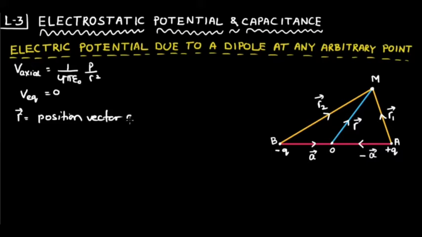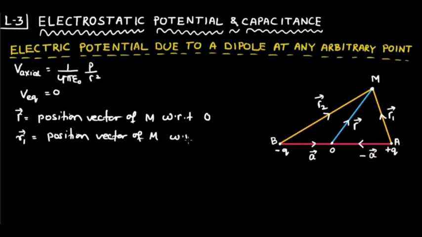Similarly, R1 vector is the position vector of M with respect to the positive charge plus q, or with respect to the point A, and R2 vector is the position vector of M with respect to the point B. Is that clear?